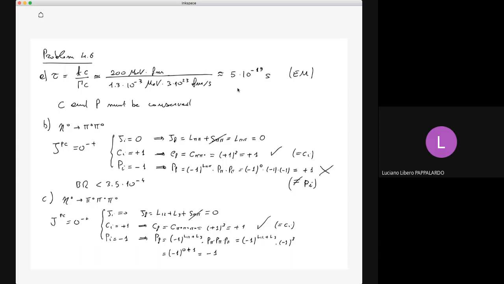Okay, so this we can write as indeed -1 to the L12 plus L3 plus 1. And so, yes, in this case, it corresponds to the parity in the initial state. So parity is conserved, charge conjugation is conserved, and in fact, this decay is allowed by the conservation rule. And in fact, the experimental value of the branching ratio in this case is pretty large, is order of 0.326.